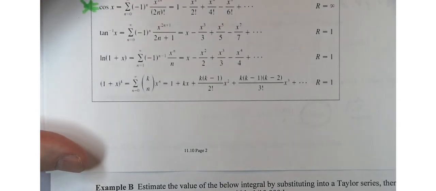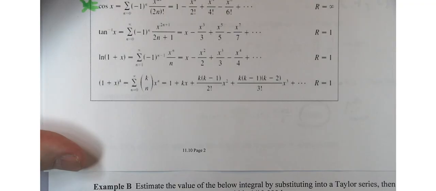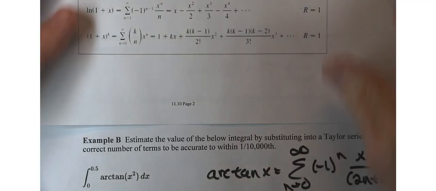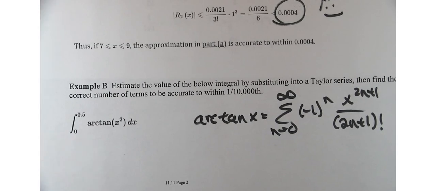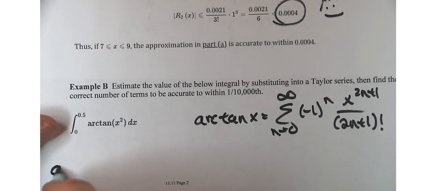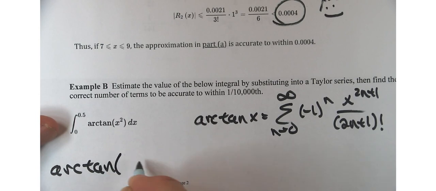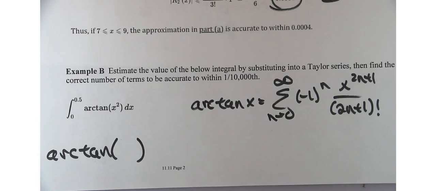So arctan of x is the sum from n equals 0 to infinity of -1 to the n, x to the 2n plus 1 over 2n plus 1 factorial. So there's your series. If I wanted a series for arctan of x squared, I can do that.